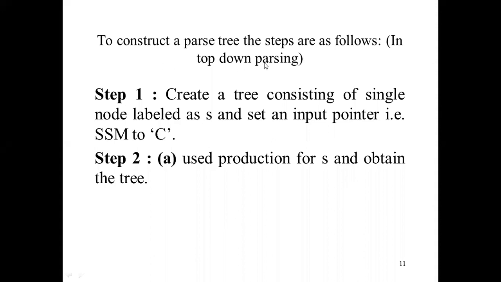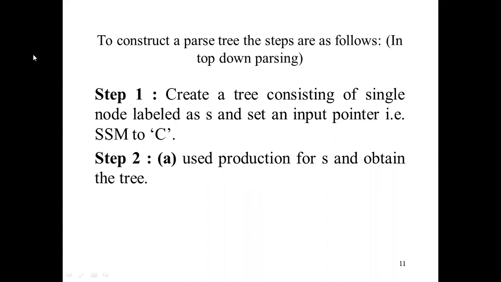To construct a parse tree, there are several steps. The first step is to create a tree consisting of a single node labeled S and set an input pointer, that is SSM, to C. So first we set our source string marker to capital C. In step 2, use the production for S and obtain the tree.